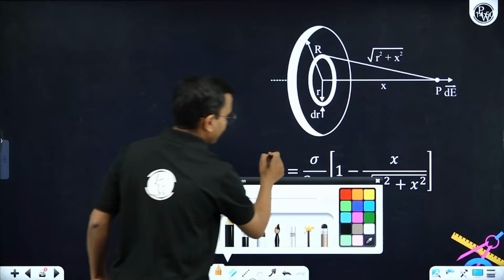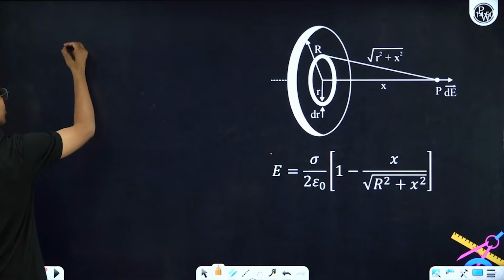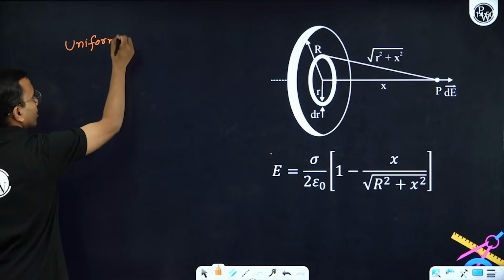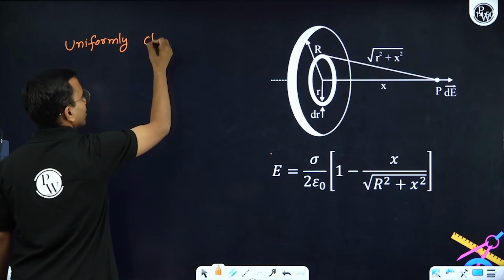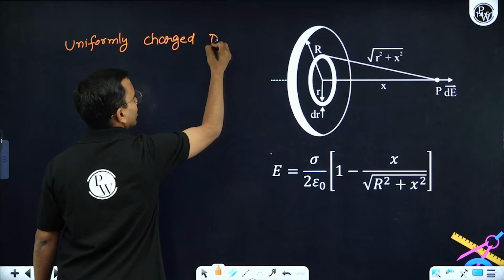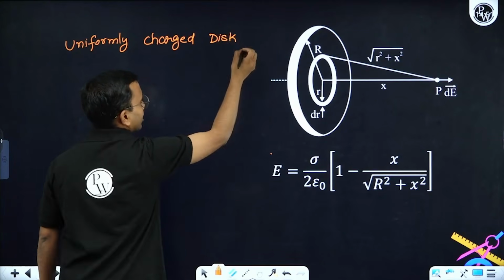Let us see. So this is due to a uniformly charged disk on its axis.